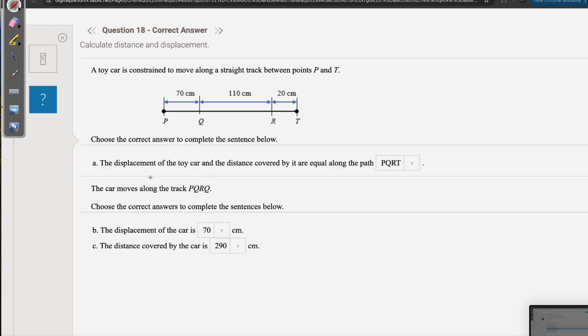Now let's analyze what PQRQ is. PQRQ is PQ plus QR plus RQ. So 70 plus 110 plus another 110.